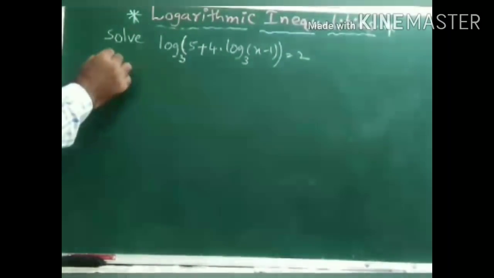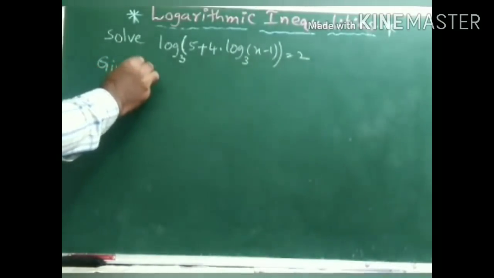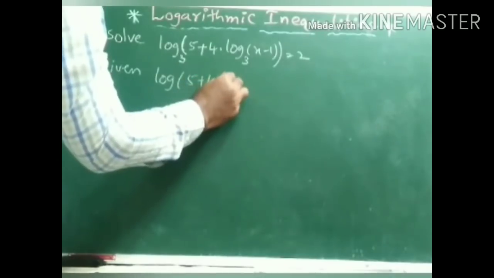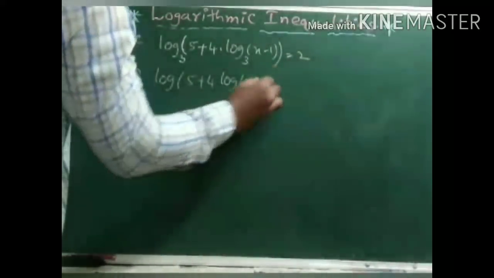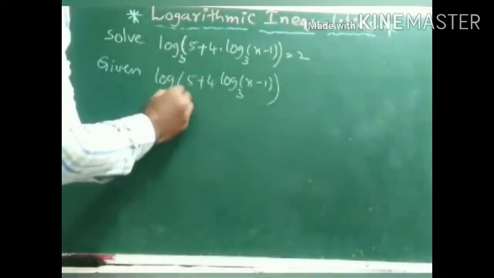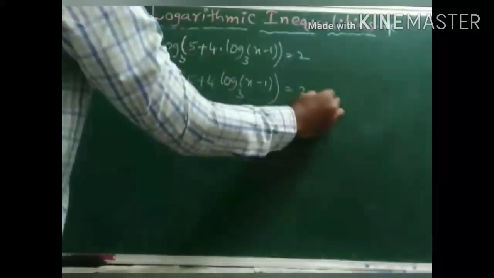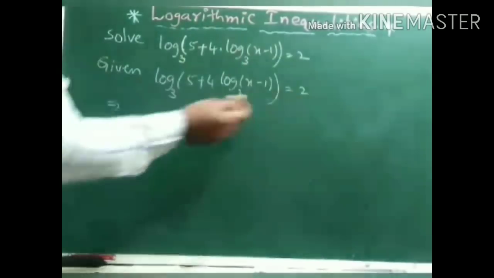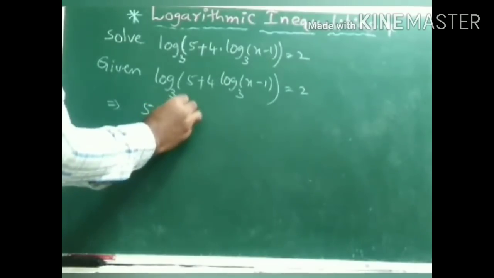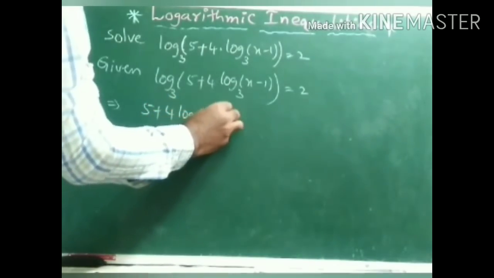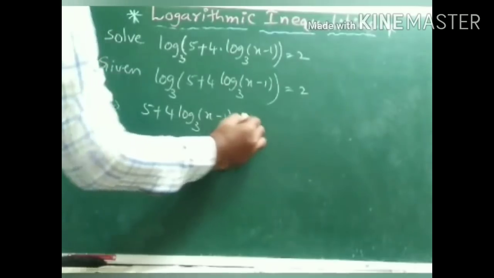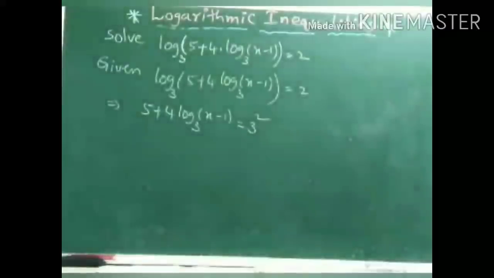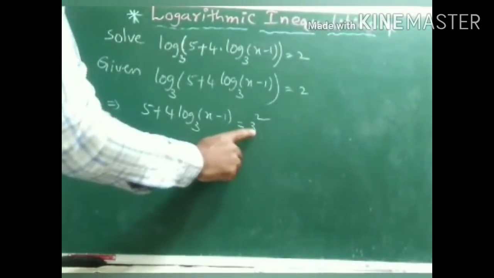First of all, write the given condition, which is log of (5 plus 4 into log of (x minus 1) to the base 3), and this is entirely to the base 3, which is equal to 2. Step number 1, the logarithmic base we can send to the other side, hence it becomes 3 squared, which is 9.